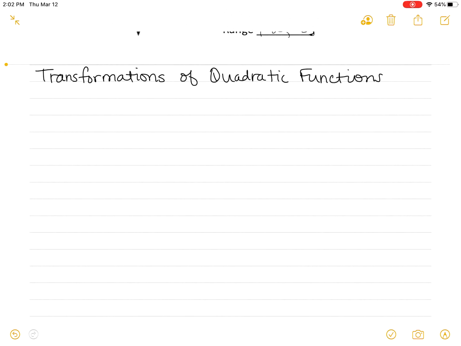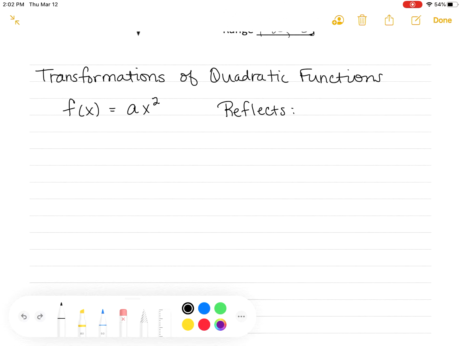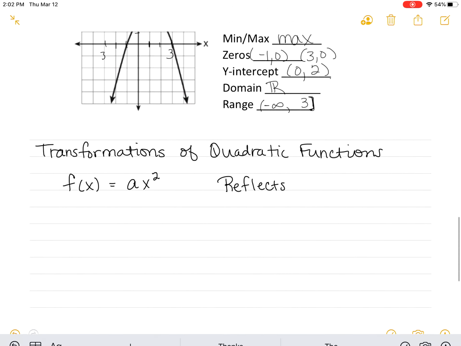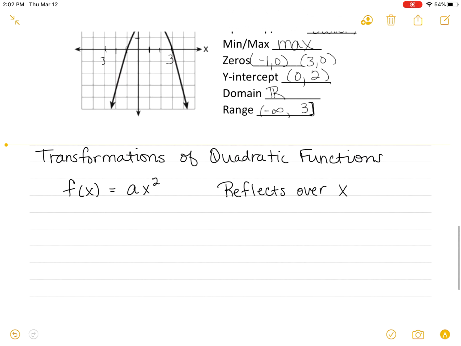So if I have f of x equals a times x squared, and I look at that a value, what happens to the graph? Just a couple of reminders: it reflects over the x-axis if the a value is negative.